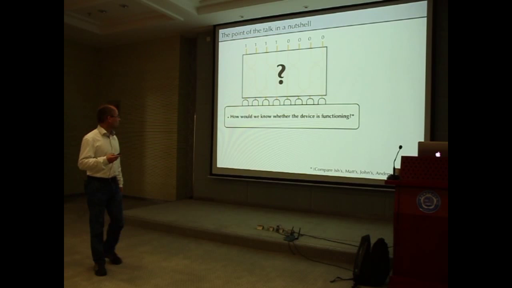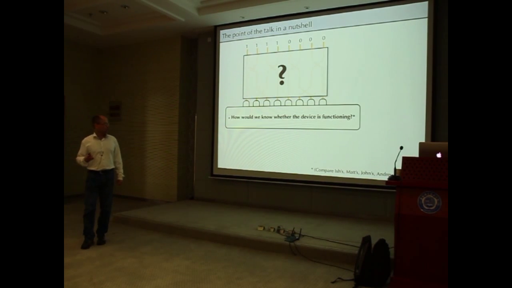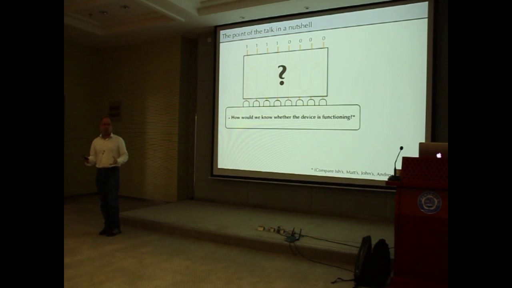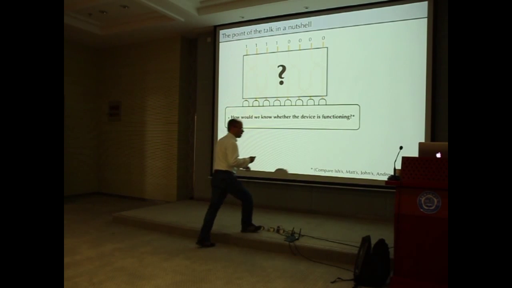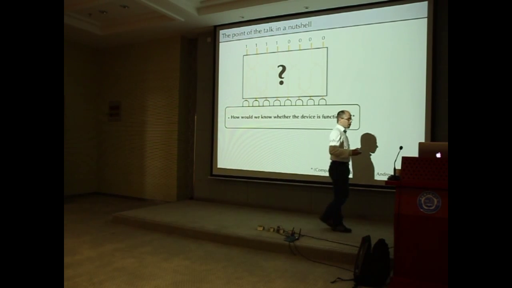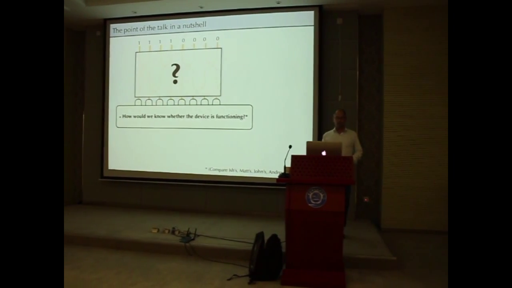Have we achieved the goal? So how would we know whether the device that we have in the lab is actually properly functioning? And here we are again at the theme of Ish, Matt, John, Andrew, and lots of other people at this meeting. So this is the topic we will have a look at in 2 variations and a coda.